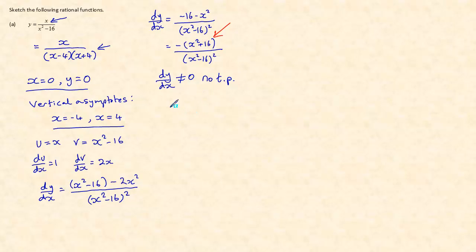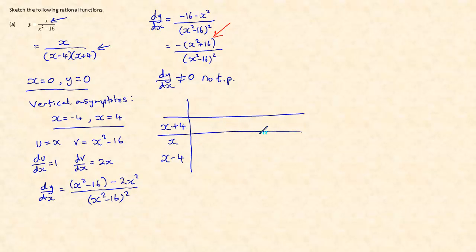Now, what we could also do is look at the signs of the function in various regions. So let's think about what the function is made up of. We have x plus 4, x and x minus 4. So this one here changes sign at negative 4.